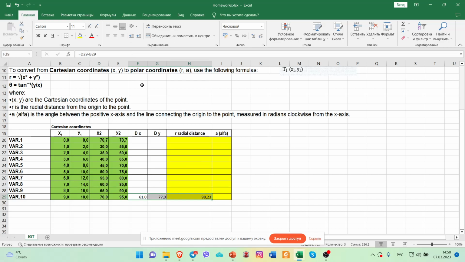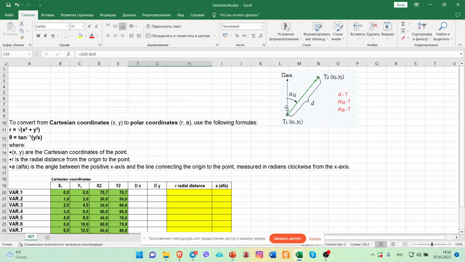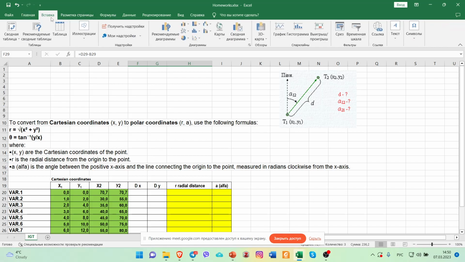And then we should calculate the alpha, angle between positive x-axis. The x-axis in our example goes to the north. Let's add such kind of features.